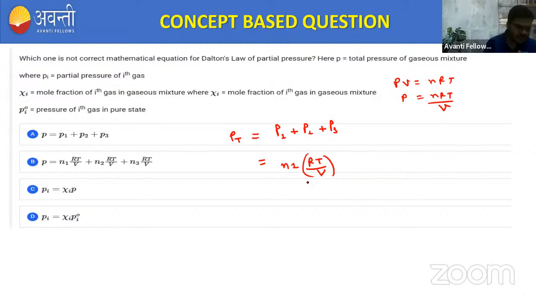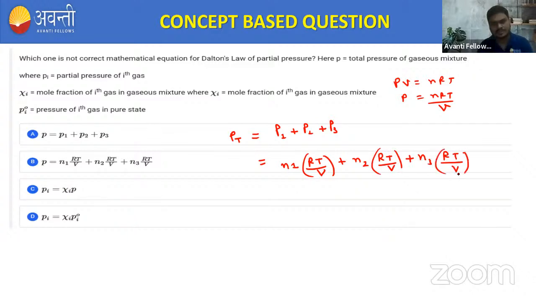R and T are constant, volume is also fixed. Similarly, this will become n2 into RT divided by V. ठीक है. Similarly ये हो जाएगा n3, and this is RT by V. So this is basically the derivation of Dalton's law, right?